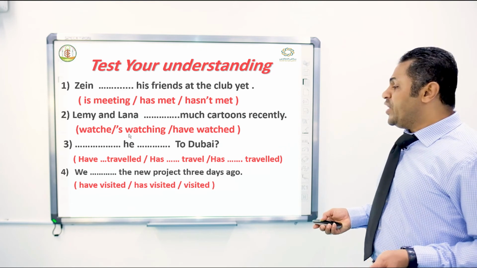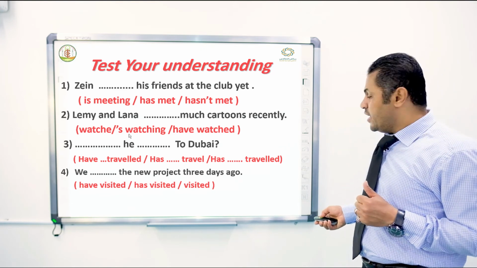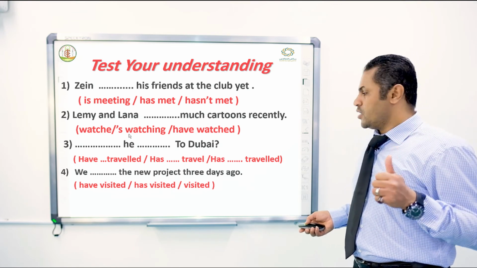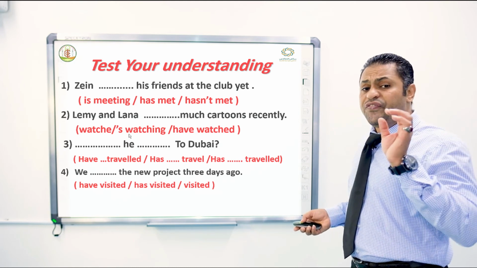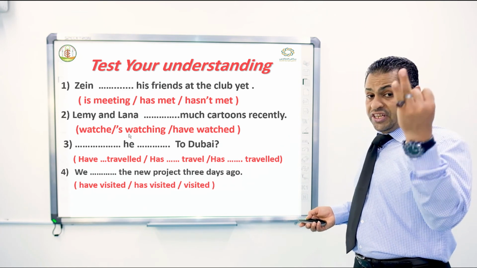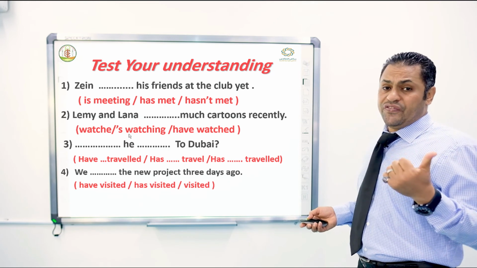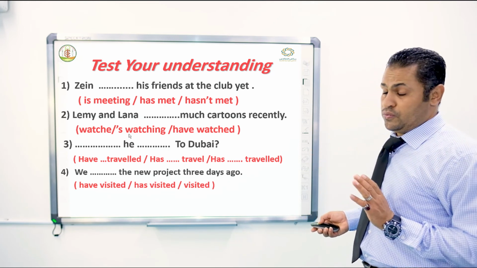Number four, we blank the new project 3 days ago. The word ago expresses the simple past. So we need the past of the verb. If it is a regular verb, we need D or ED or IED. But if it is an irregular verb, we have to keep them as we learned in this lesson.